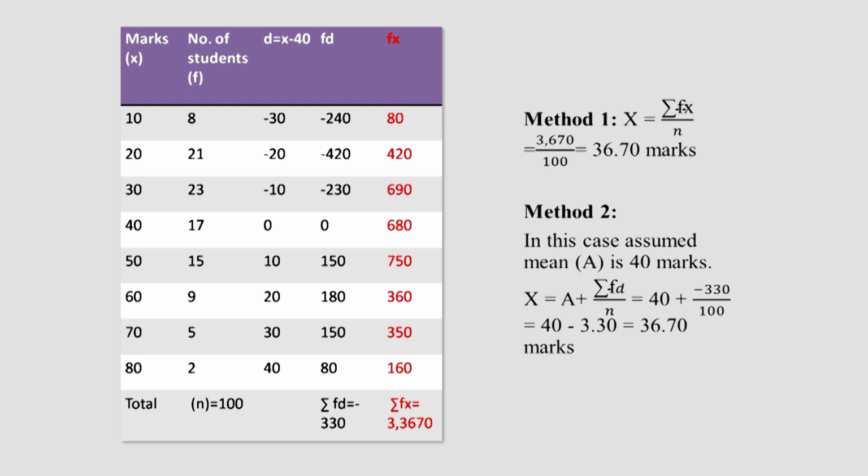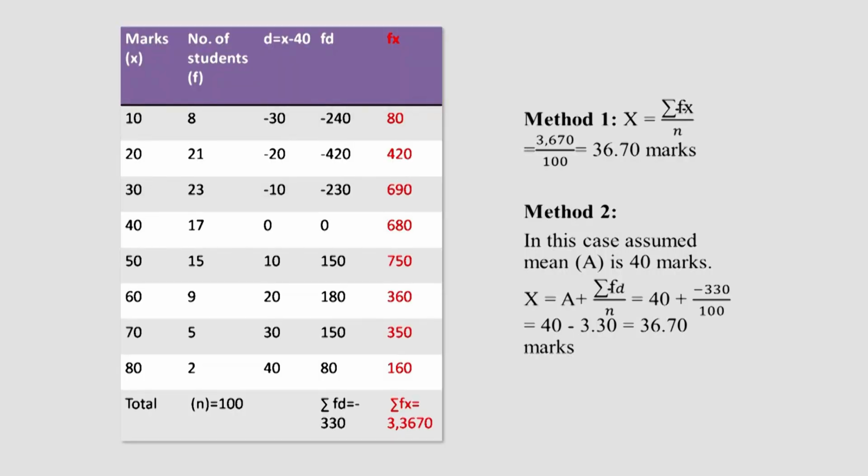All the minuses will be grouped and added together, all the pluses will be added together, and the difference of the two would be summation FD. In this case, the summation FD is coming as 330. In the earlier case it was 3670. Steps have increased, but the calculation is shorter.